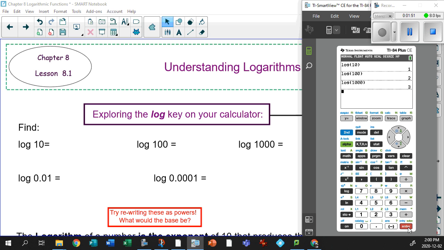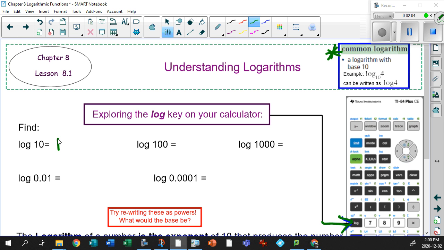That's just too cool, because if you think about it, the log base 10 of 10 is 1. Wait a second. Didn't we say earlier that we can have a log base 10 of 10 equals x?